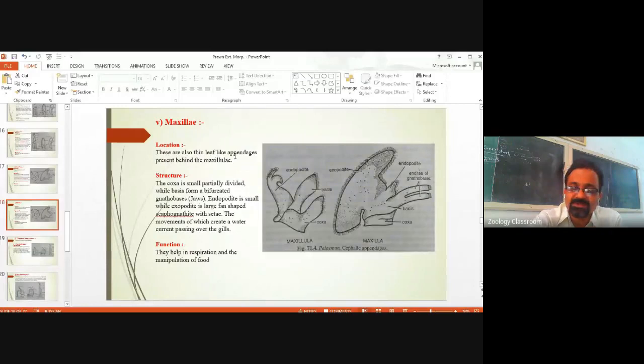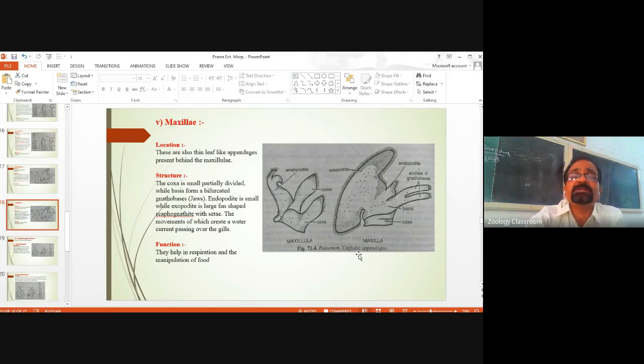There you are. Very good. Mandible. Okay. So any one of these will be asked for the MCQ. You should know the proper sequence of the cephalic appendages, starting from antennule, ending with the maxilla. Okay, so we are talking about the maxilla.